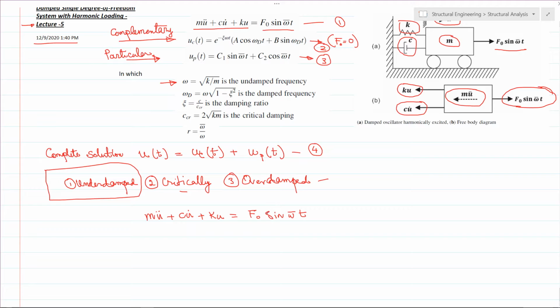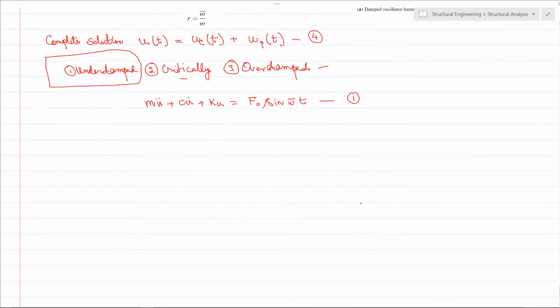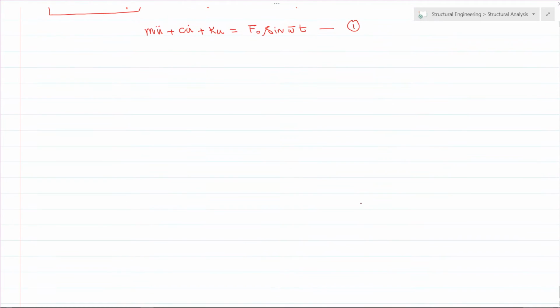So that we can do some mathematics over here. This is our equation number 1. We just recall this equation number 1. Let me do some mathematics over here. Let us divide this by m.